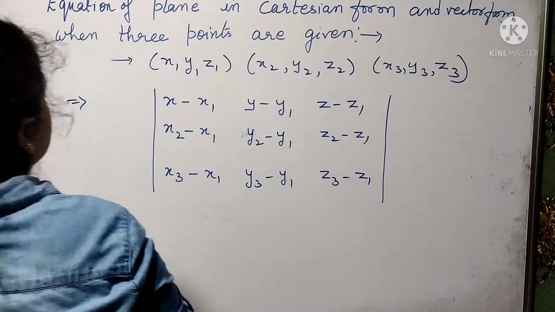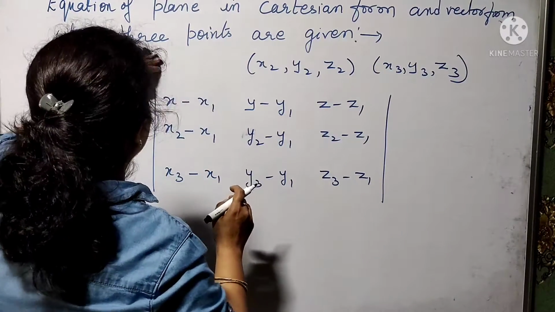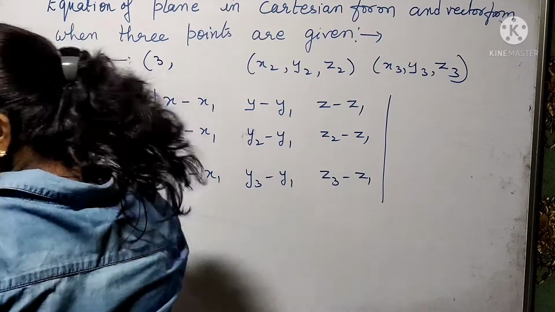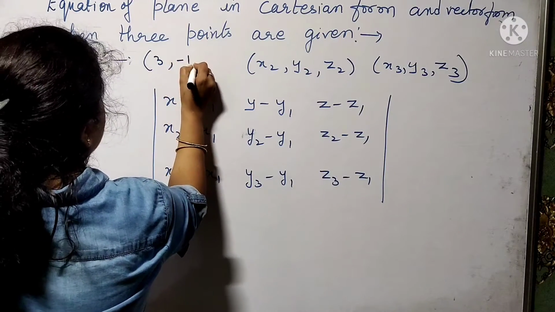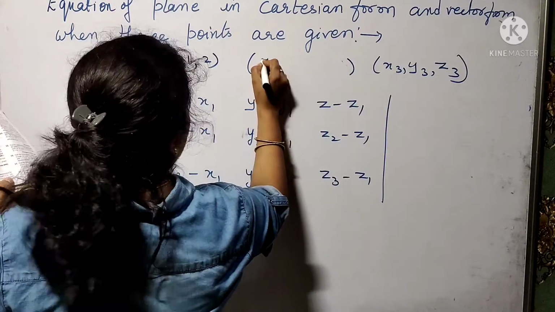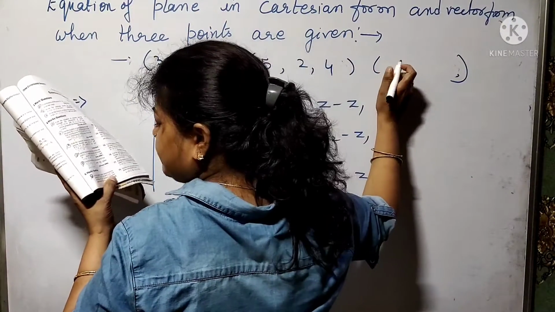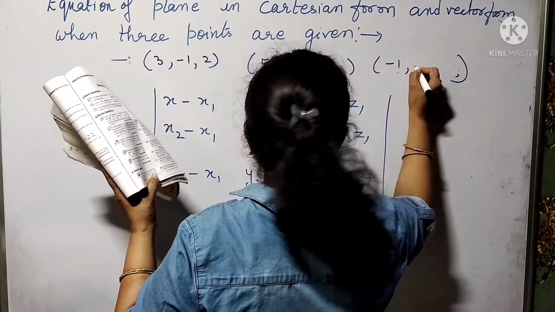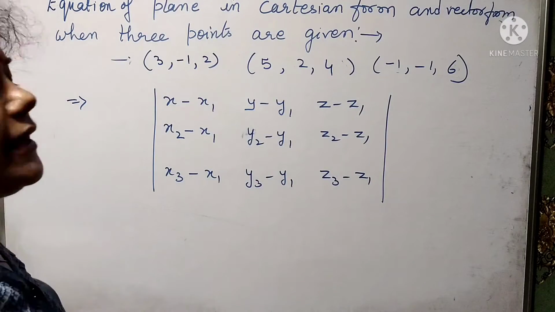Now, for example, we have 3 points: 3, minus 1, 2, and the next point which is given to us is 5, 2, 4, and the next point is minus 1, minus 1, 6, and we have to find the equation of the plane.